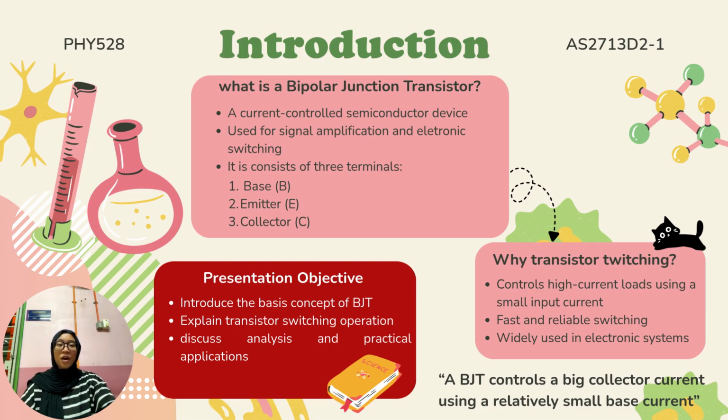The objectives of this presentation are to introduce the fundamental concepts of the BJT, explain how transistor switching circuits operate, discuss the relevant equations and analysis, and finally explore their practical application in real-world electronic systems.